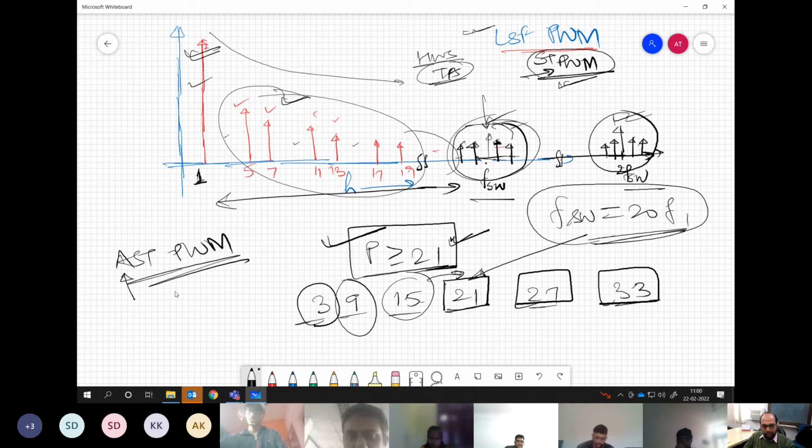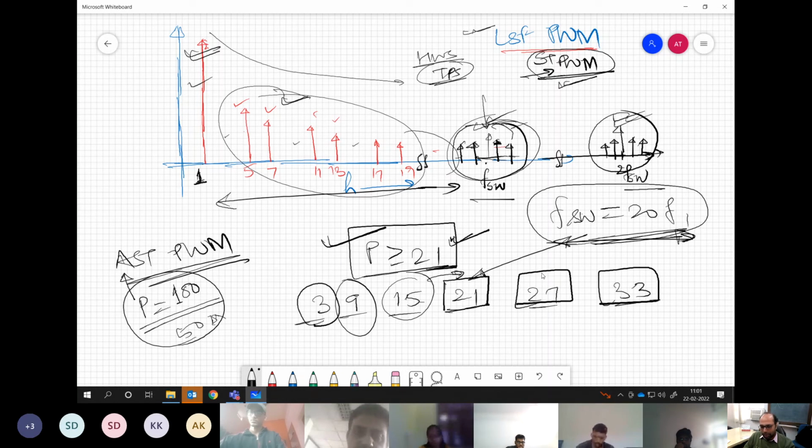Generally the understanding is that when running asynchronous PWM, keep the pulse number something like 100 or 50 or so. Do not come down below this, otherwise you will have a discrete kind of spectrum. At least try to maintain this ratio even when running asynchronous.